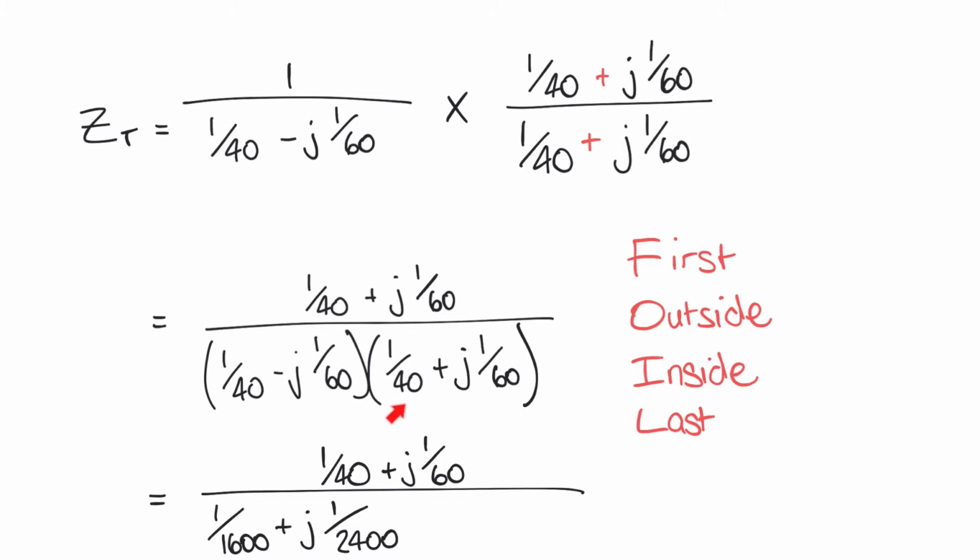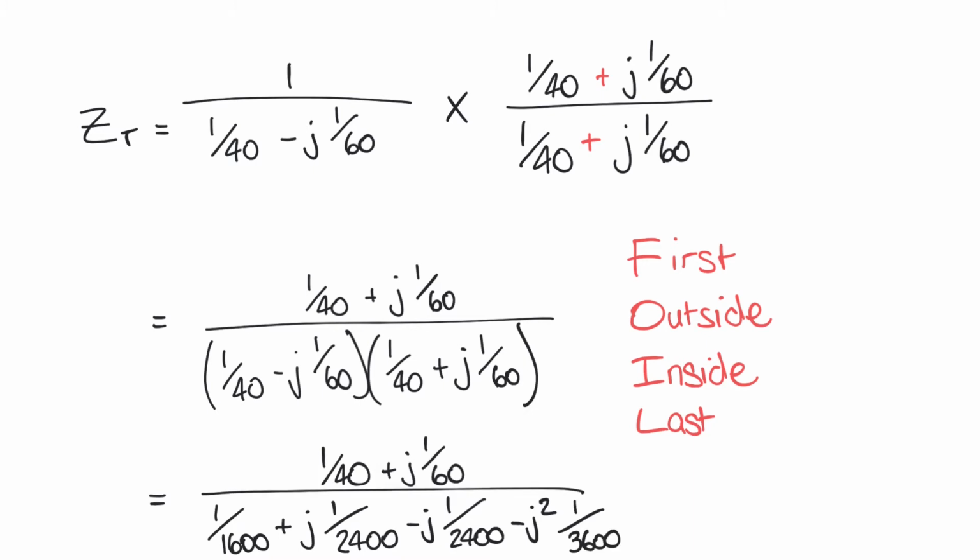And so we get minus j 1 over 2,400. And then the last two terms, the last in each bracket, would be the minus j 1 over 60 times plus j 1 over 60. And that gives us minus j squared times 1 over 3,600.